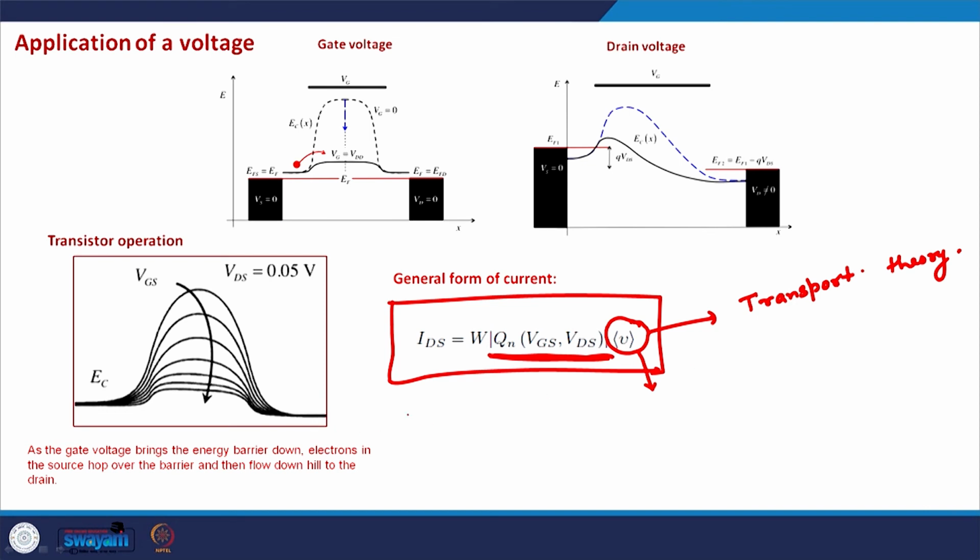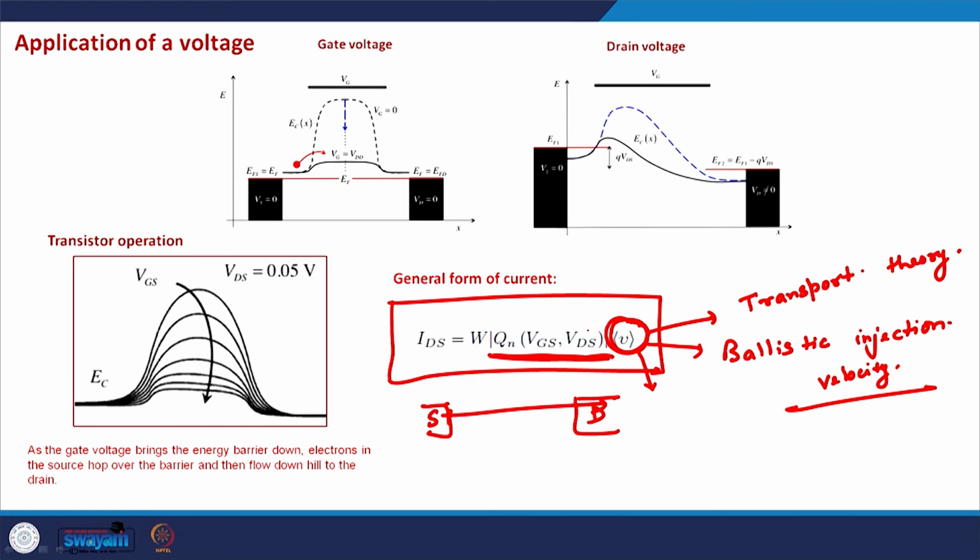If the electrons are directly going from the source to the drain terminal, as we have already seen, if this is a ballistic MOSFET, in that case this velocity will be known as the ballistic injection velocity. So understanding this velocity is actually the subject matter of the electron transport.